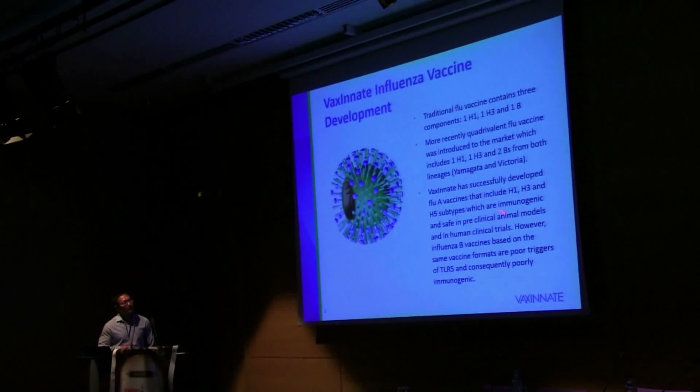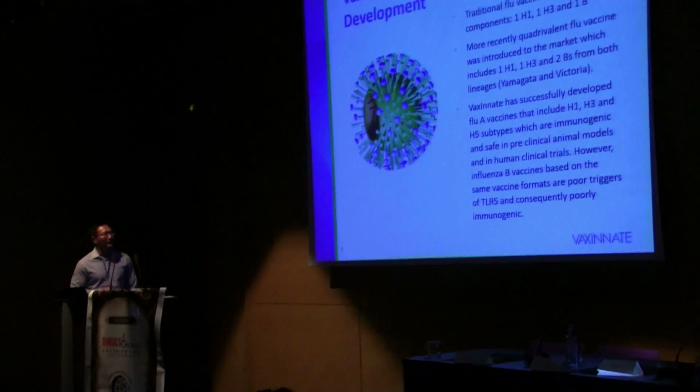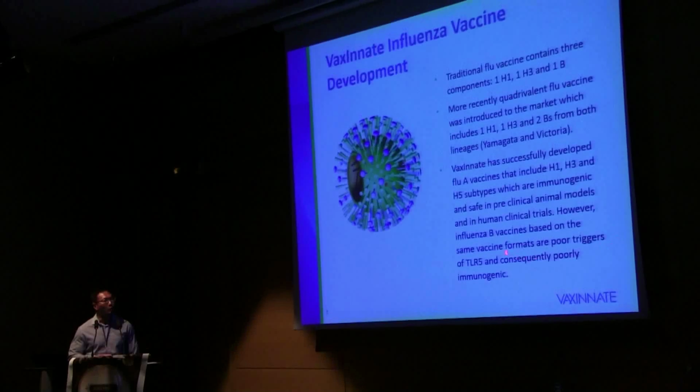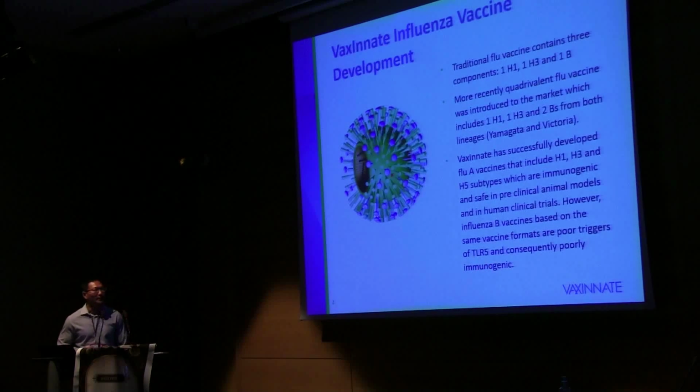But when we applied this method to flu B vaccine design, the vaccine was found to be a poor trigger of TLR5, and consequently poorly immunogenic.